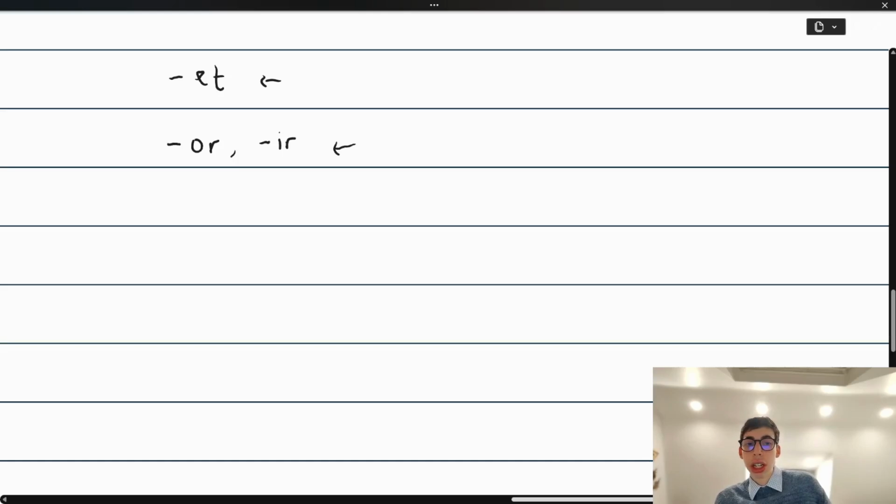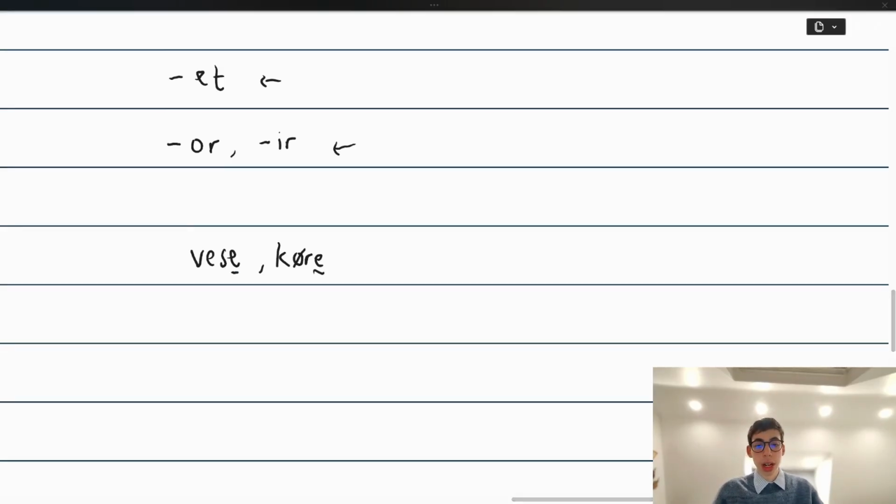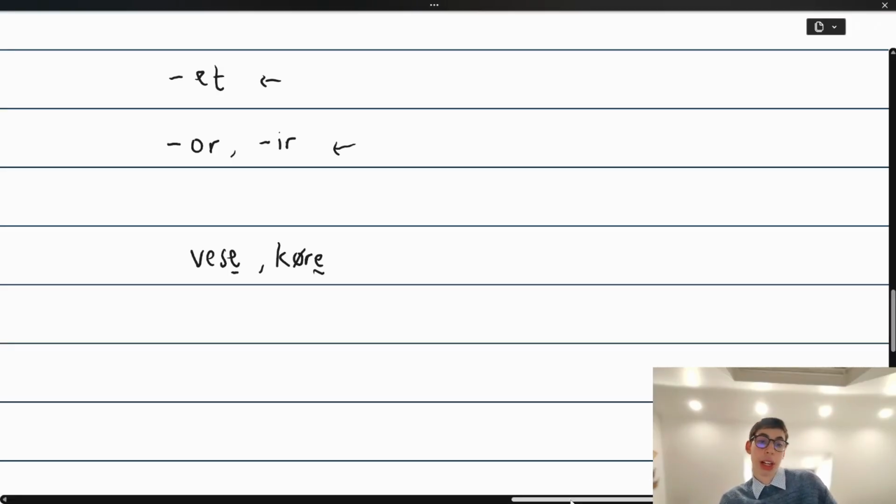And that's what verbs are supposed to end in. Well, these two verbs, vesa and kura, obviously end in an e. There's an e on its own. To give some more information on this, verbs used to end in vowels, but now they don't.